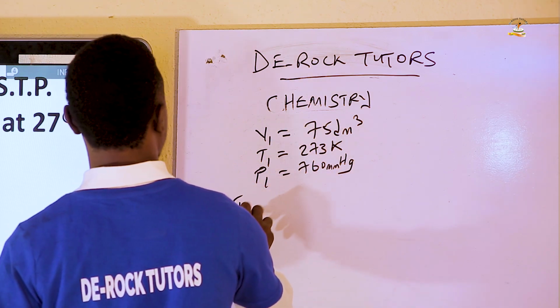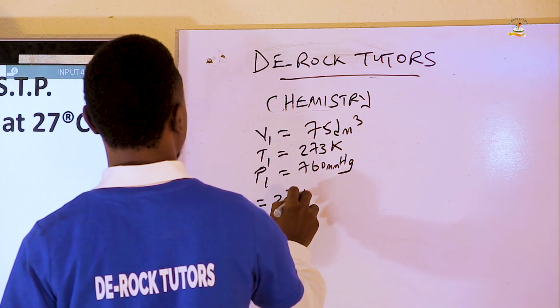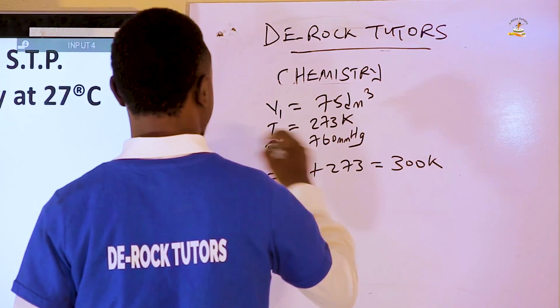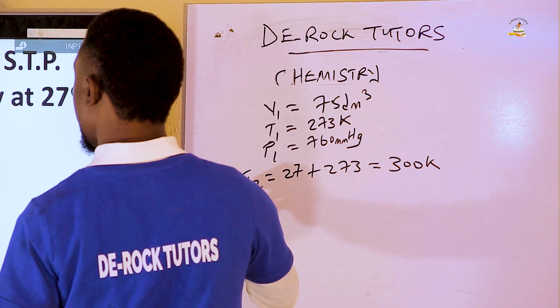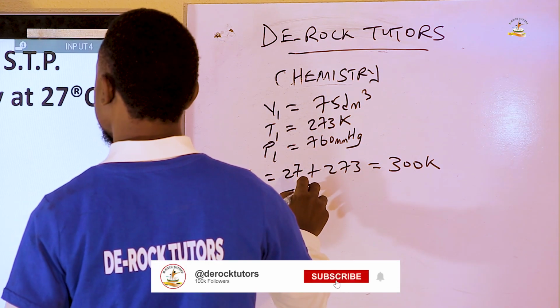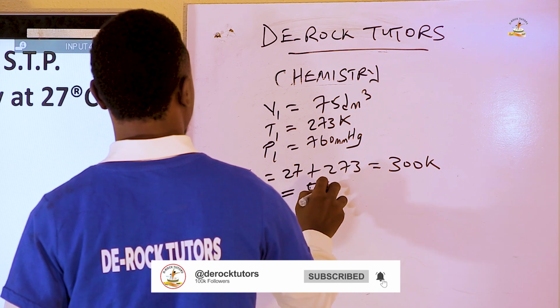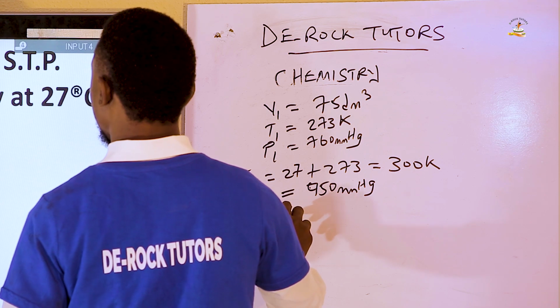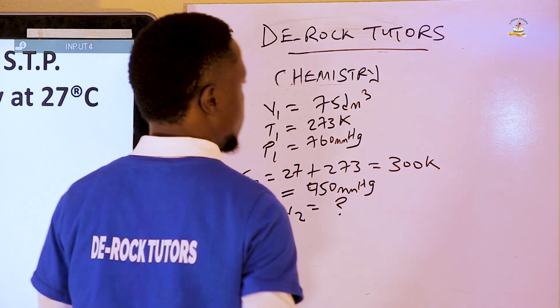So at T2, which is 27 plus 273, that is 300 Kelvin. And P2 is 950 millimeter of mercury. So we are looking for V2.